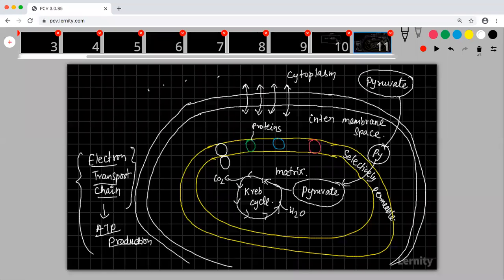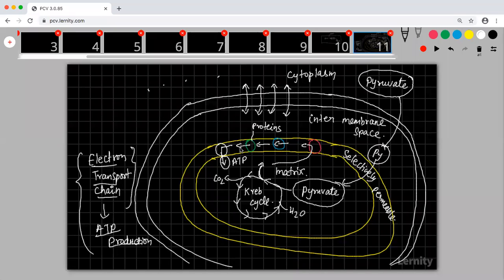Along with that, some other structures are produced, which move through these proteins and produce what we call ATP. So the Krebs cycle followed by the electron transport chain will result in the production of ATP. Where will the electron transport chain happen? It will happen in the inner membrane of the mitochondria.